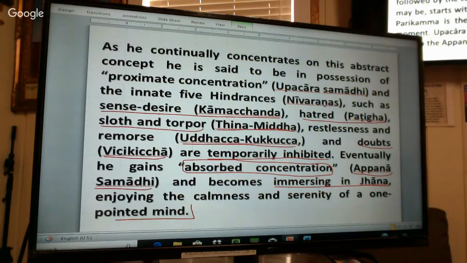The concentration power is a fluctuation, so that's why sometimes we need to practice again and again before the absorption condition.